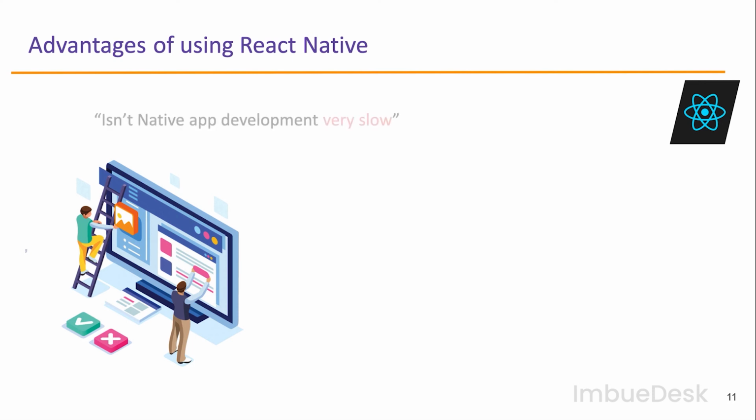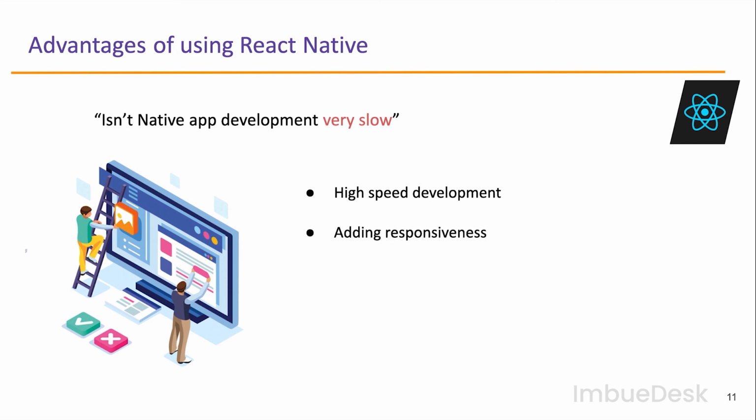You might ask me a question. Is React Native app development very slow or very time consuming? I would say that it is no. Let me tell you why. You'll be concentrating on high speed development where you'll be catering to Android and iOS at the same time. So your performance just became two times.